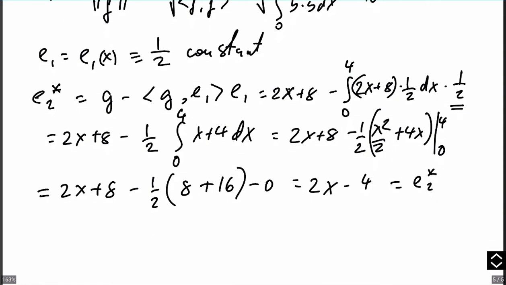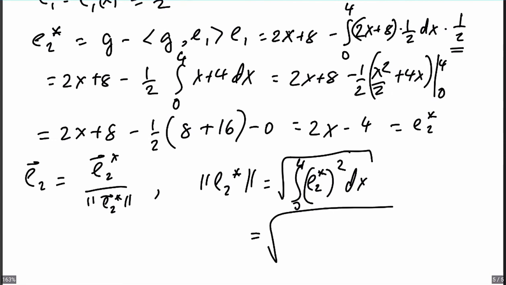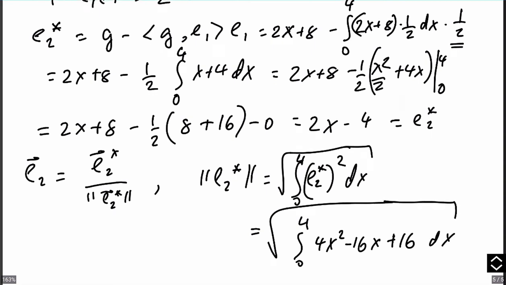And then to get the normalized version, we have to divide this by its norm. The norm is the square root of the integral from 0 to 4 of E2 star squared, which is the square root of the integral from 0 to 4 of (2x minus 4) squared. So this is 4x squared minus 16x plus 16 dx.